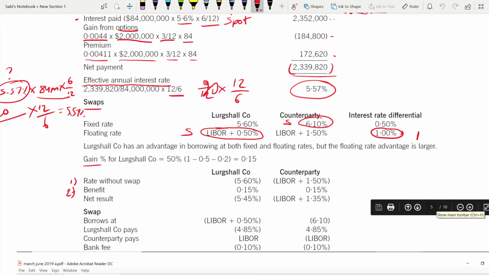Here you didn't write that step, but you need to find how you write the benefit. Tell me, how do you find the benefit?